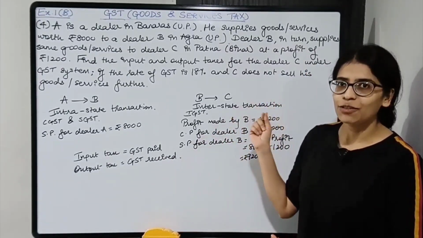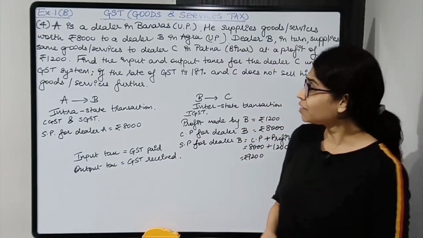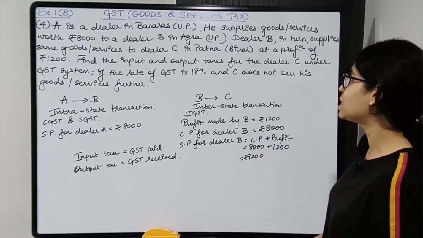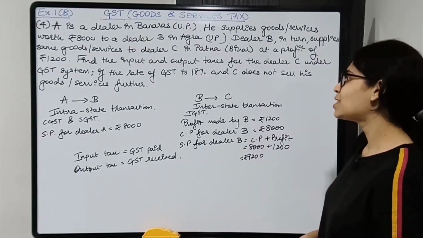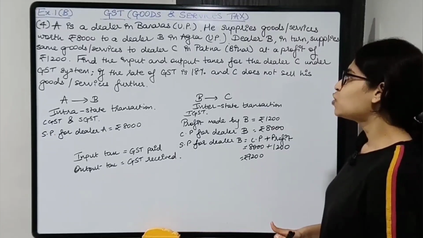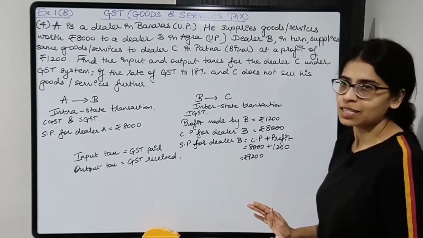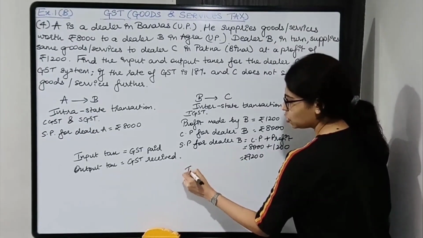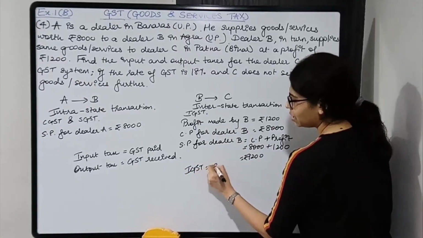Now read it carefully. Last part: find the input and output taxes for the dealer C under GST system if the rate of GST is 18%. So I'll just write down over here, IGST है, so IGST is 18%.